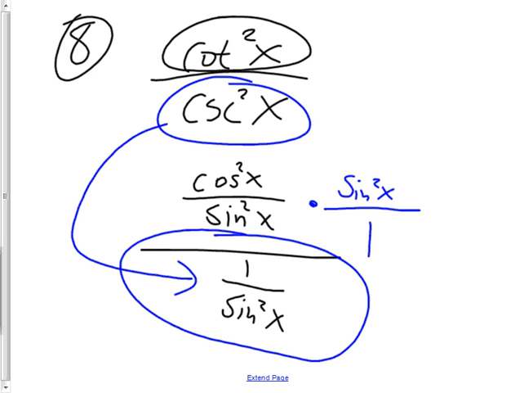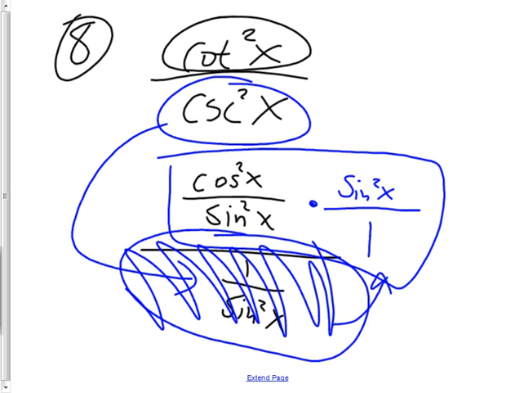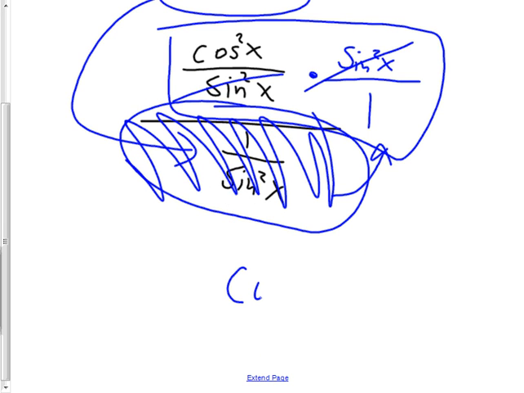And why is that good? Cancels. This was a moving up here, right? So it's changing it to a multiply by the thing flipped. All right. Here's my problem now, and now this cancels this. I'm down to just cosine squared. Now I know some of you are like, so do you go further? Well, what are the options?